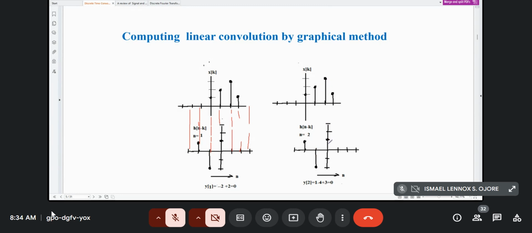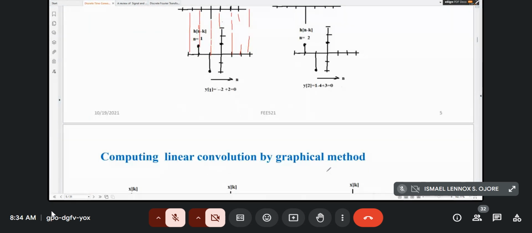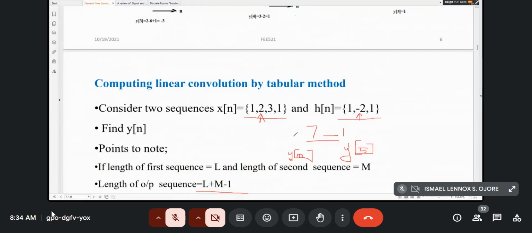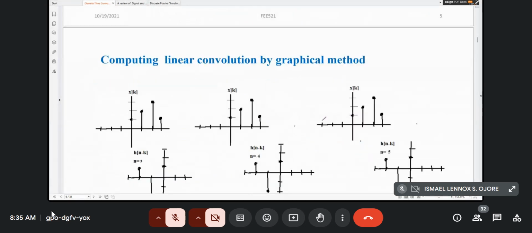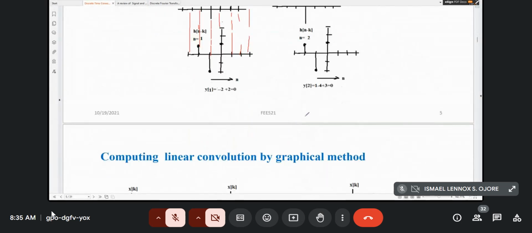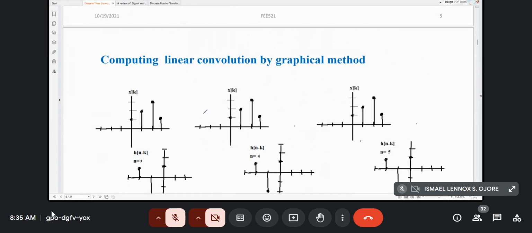This 3 times 1 is 3. And then the others are 0. So that is 1 plus 3 minus 4, which is 0. I think I've used the same one below here, so it should give us the same results. So that is 0.